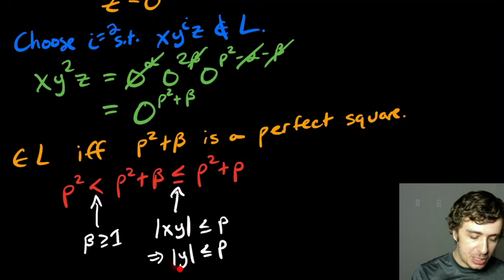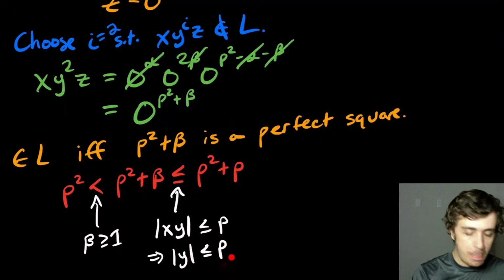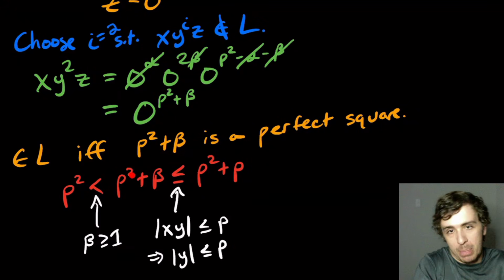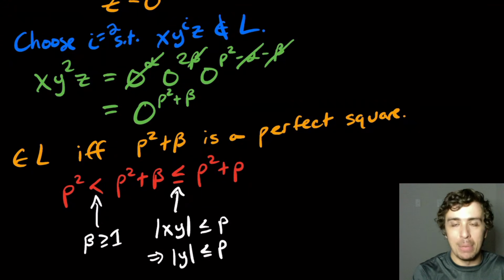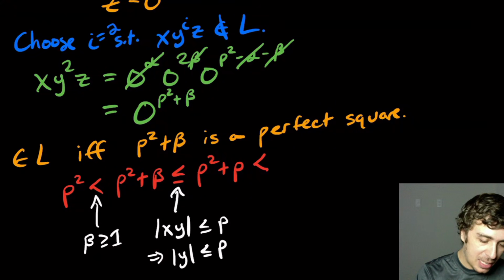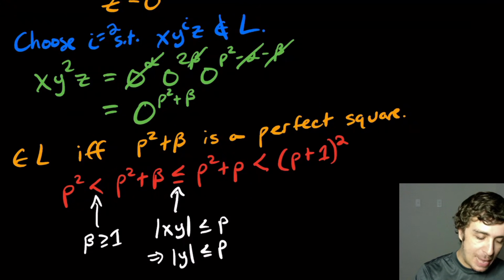So the largest that the length of y could ever be is p characters. So this thing is at most this. It could be a lot less, but it's certainly at most this. But I actually claim that this is strictly less than the next perfect square upward after p squared.